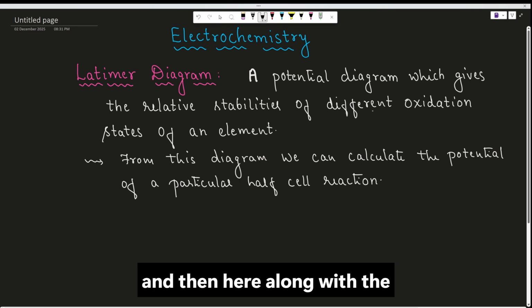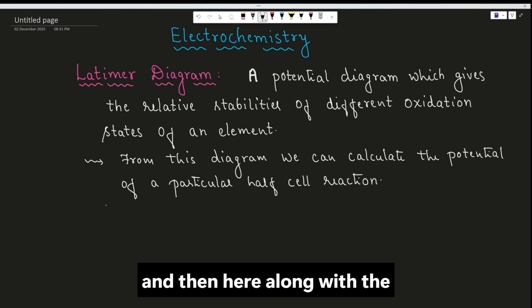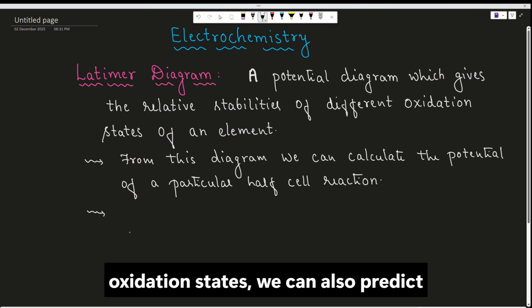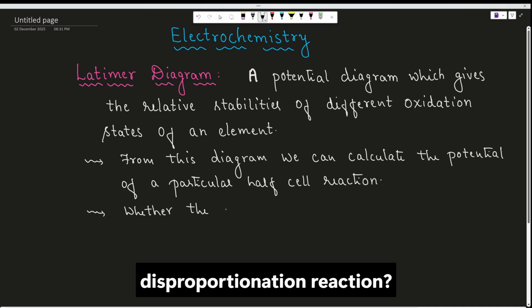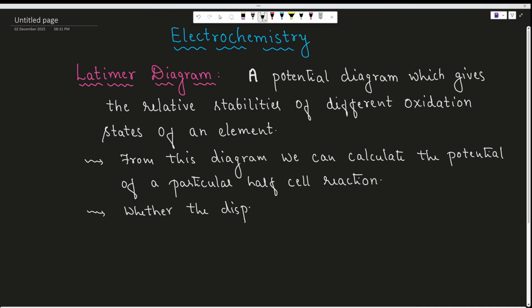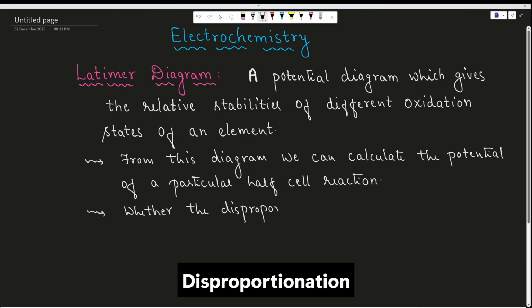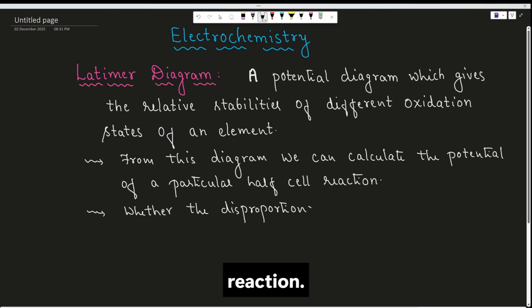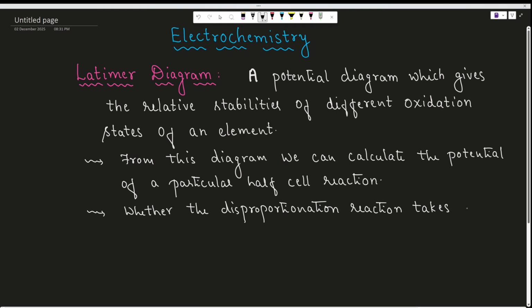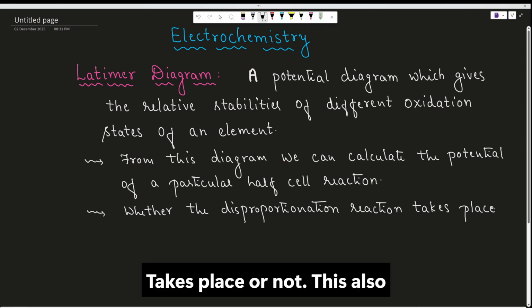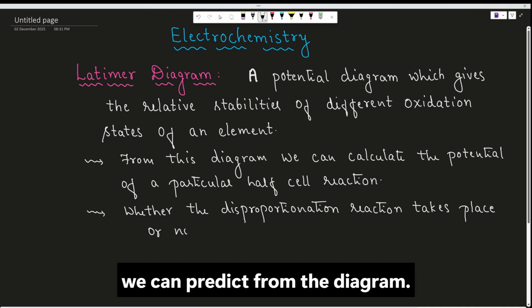And then here, along with the relative stabilities of different oxidation states, we can also predict whether the disproportionation reaction takes place or not.